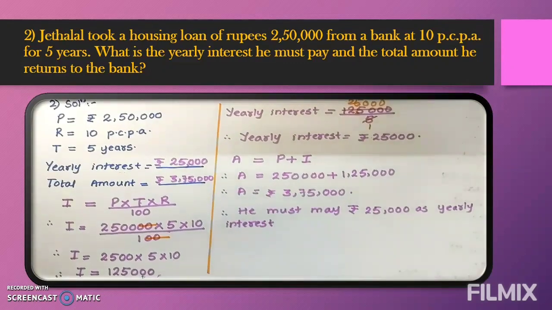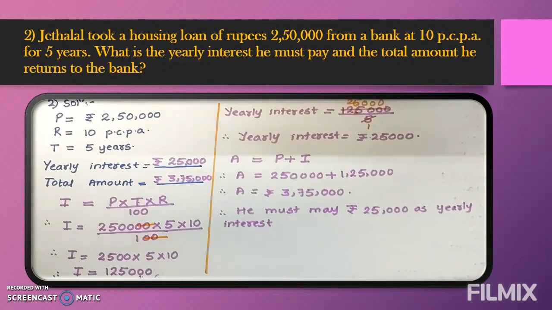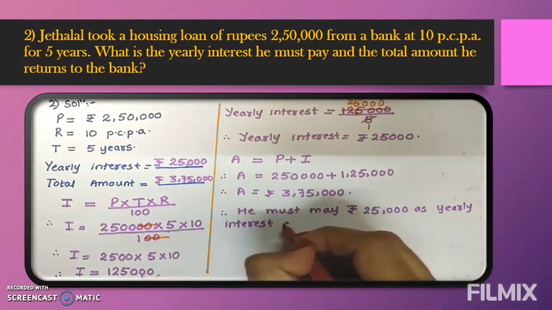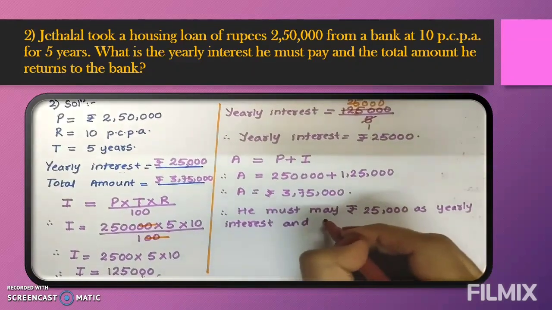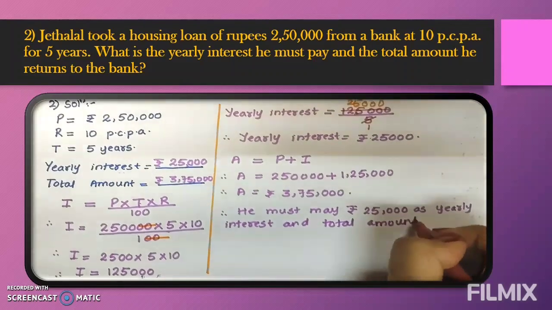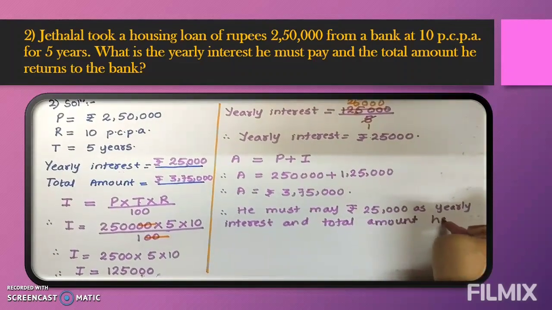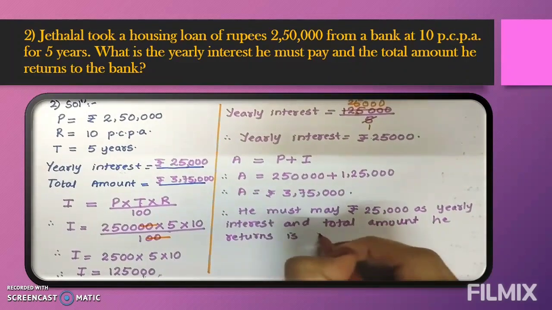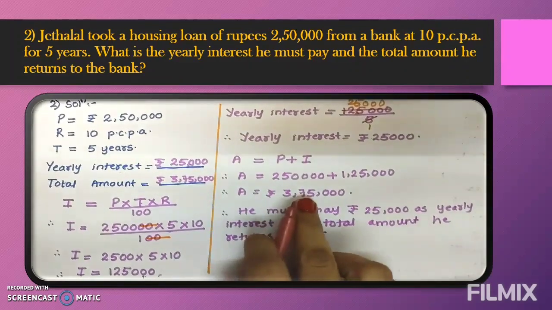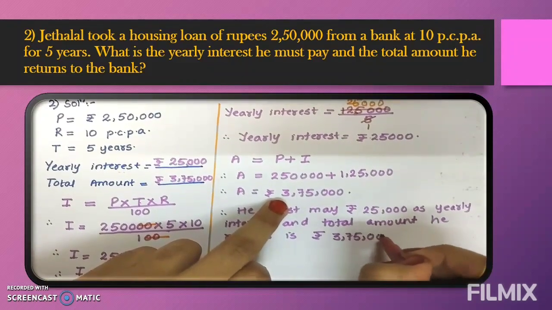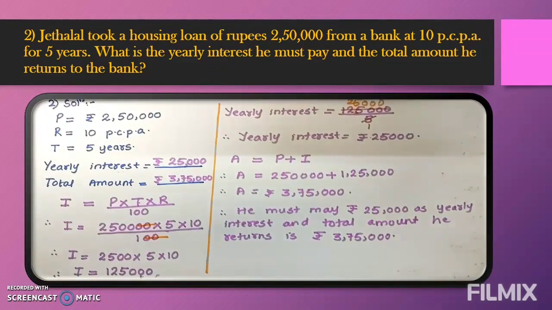And after that what they are asking, what is the total amount he returned to the bank? So what we will write, and the amount he returns is rupees. How much he has to return? That is 3,75,000. Clear?